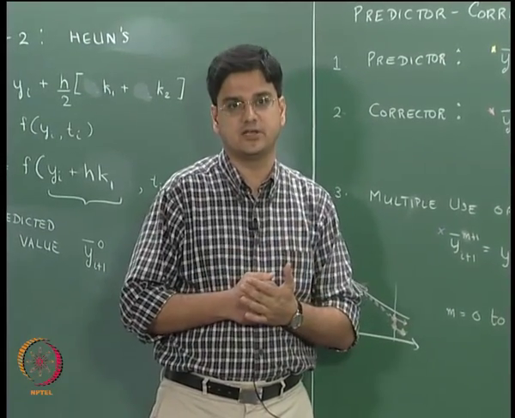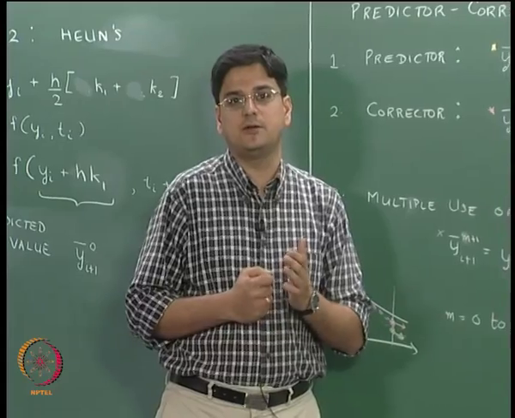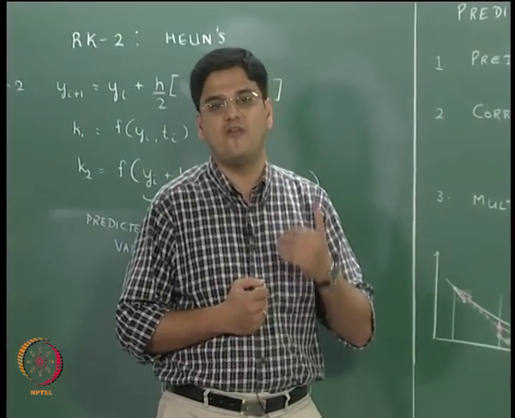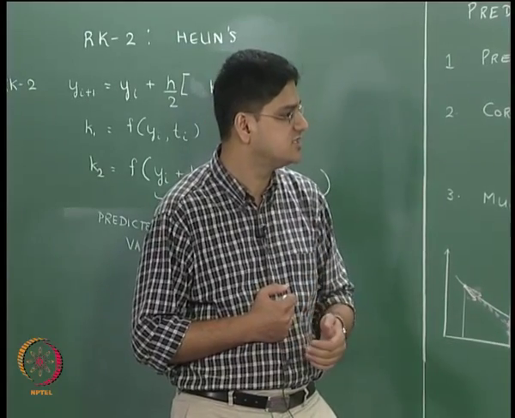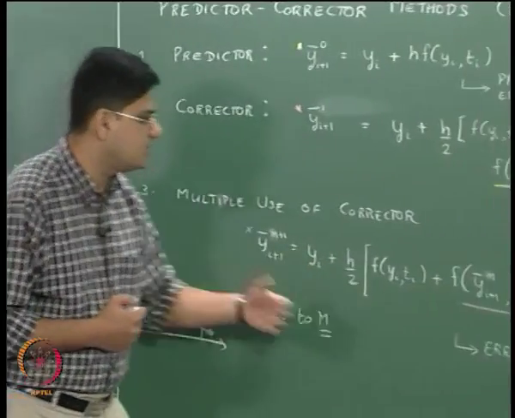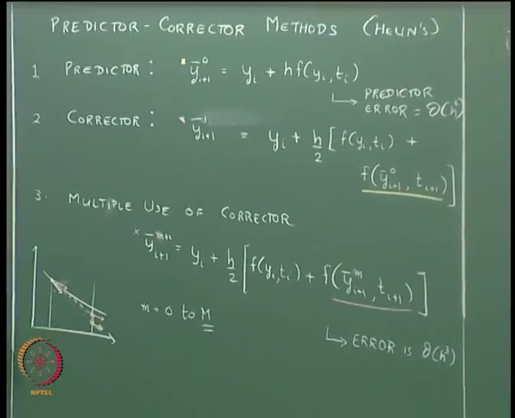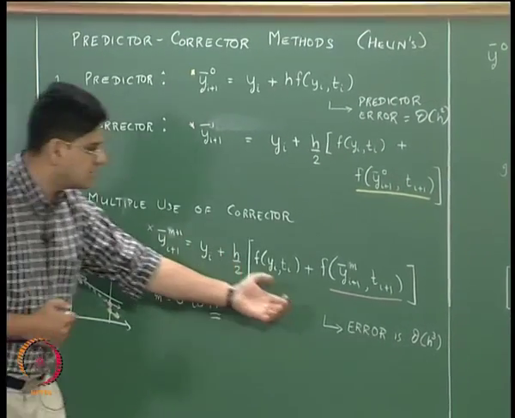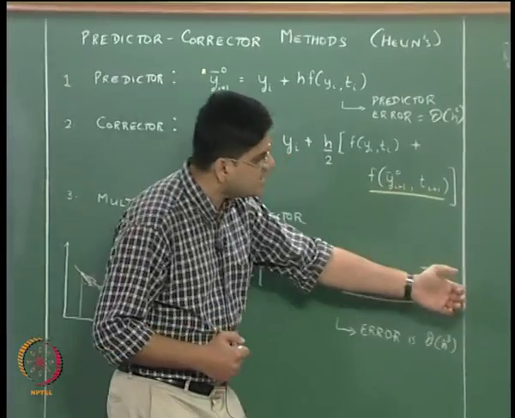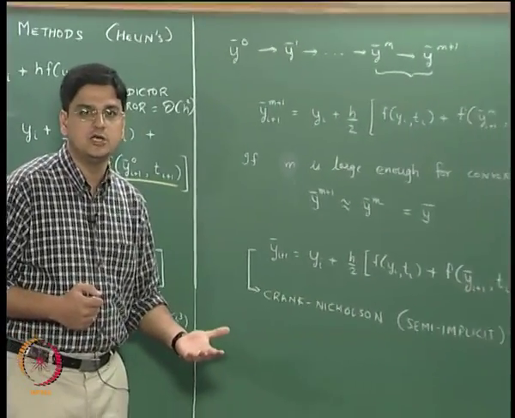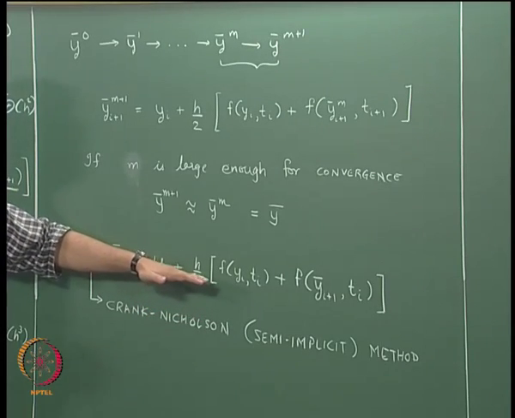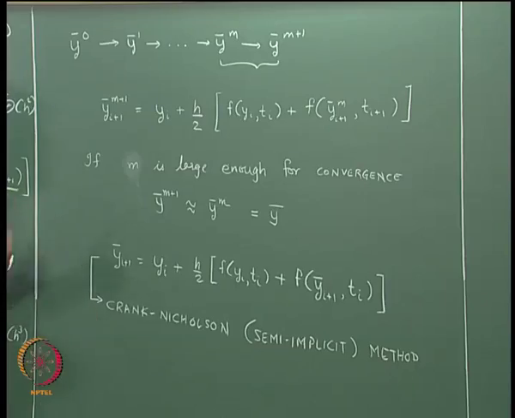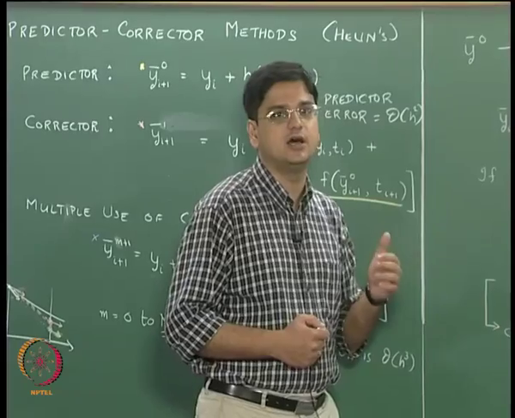So that is basically what I wanted to cover with respect to RK2 methods and predictor-corrector methods. The next, very important question is, why do we want to look at the implicit methods in the first case itself? Because the RK2 method had accuracy of h cubed, predictor-corrector had an accuracy of h cubed, Crank-Nicholson method has an accuracy of h cubed, but clearly the effort required to solve this algebraic equation problem is significantly higher than the effort required to solve the RK2 method.